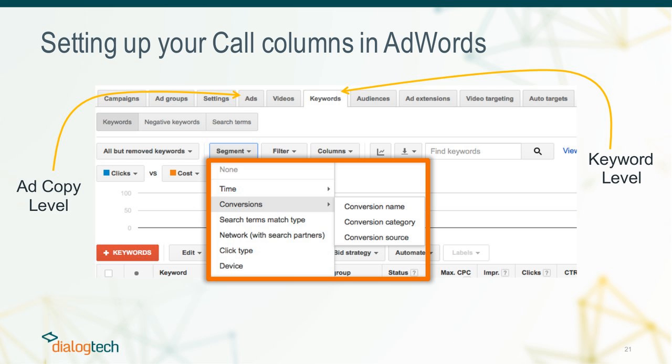So you play around in your account. You'll be able to see what the conversion names are in your tools conversion section of your AdWords account. It's different for everybody, so I won't go too specific into that, but obviously if you have any questions, I'm happy to address them. So that's how you look at calls at a keyword level.